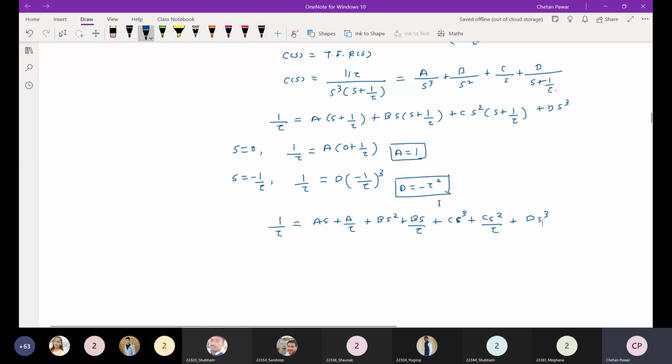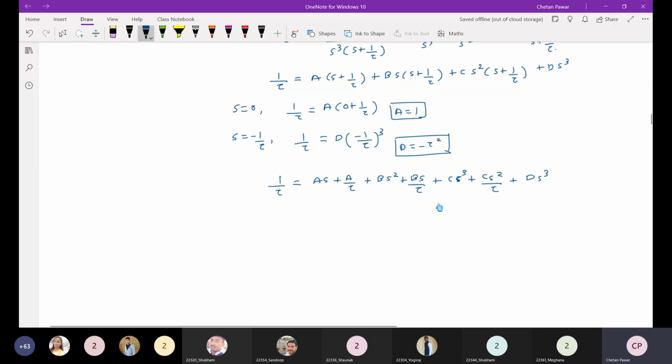Now here these two are the first order terms, and if you compare these two sides, that will be equal to 0, right? A plus B by tau will be equal to 0, and what is A? A is 1. So if I compare the first order terms, 1 plus B by tau equals 0, so B will be minus tau.